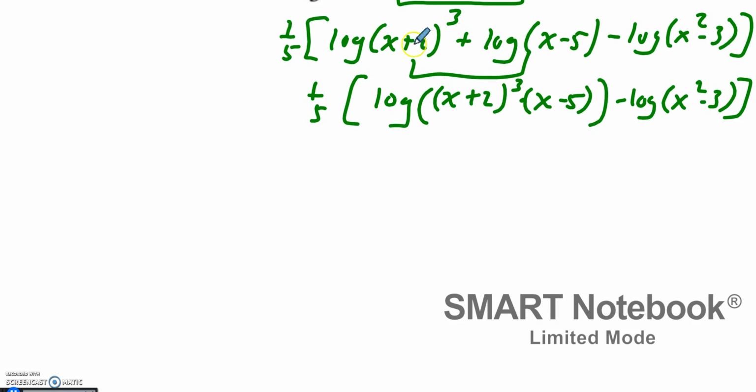So I went from 3 logs to 2, but now we can go from this log and this log, and we can combine these two into a single log, because even though this argument is complicated, we are taking a log minus a log.